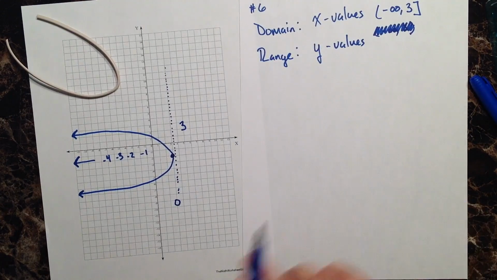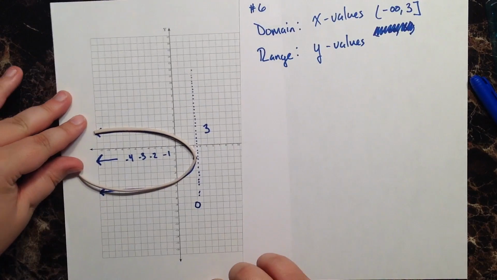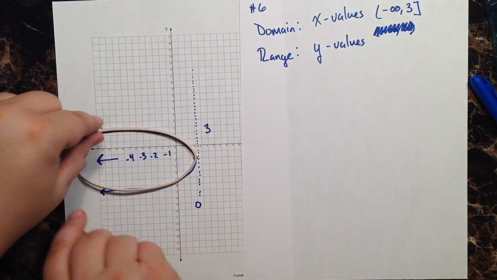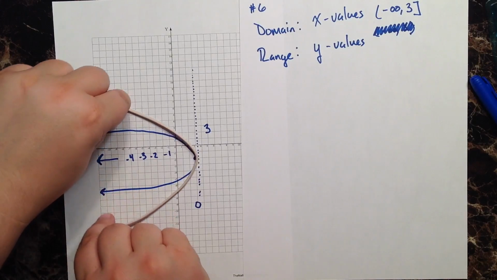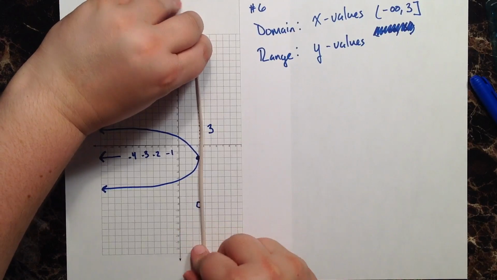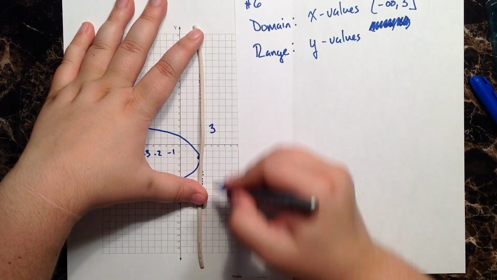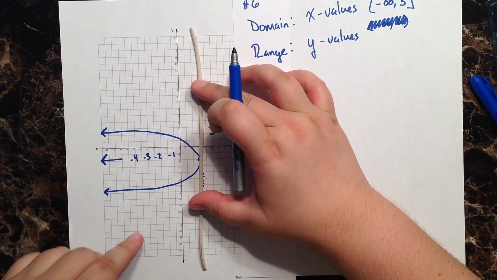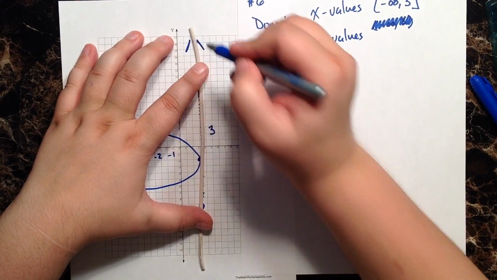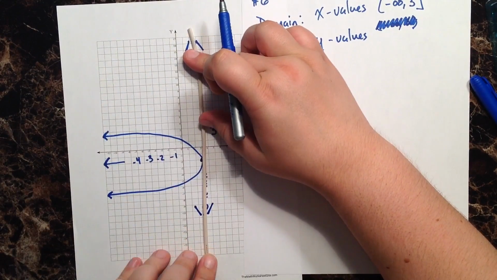Well, what about my y values, my range? Well, again, let's go ahead and take our phone cord. And now this time, instead of smushing it to the x-axis, we're going to take each side and we're going to open it up so that it becomes parallel with my y-axis. And again, if we pretend that this phone cord is a line, and we know that my line has arrows on both ends, well then this is really a line going on in that direction, and going on in that direction, up and down.